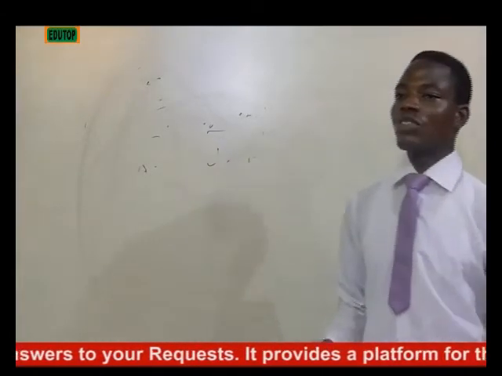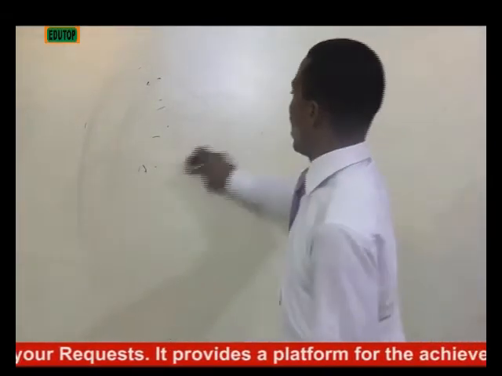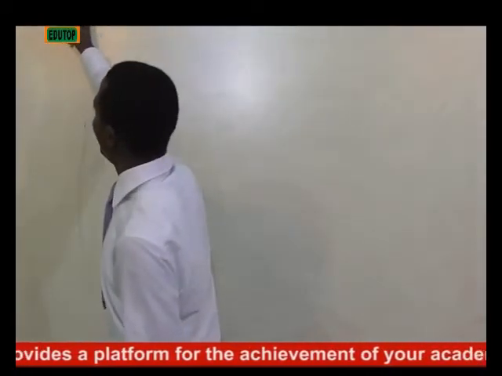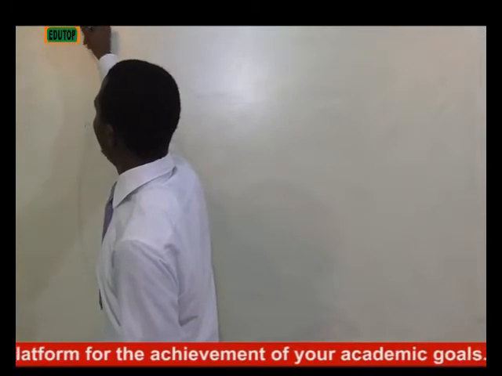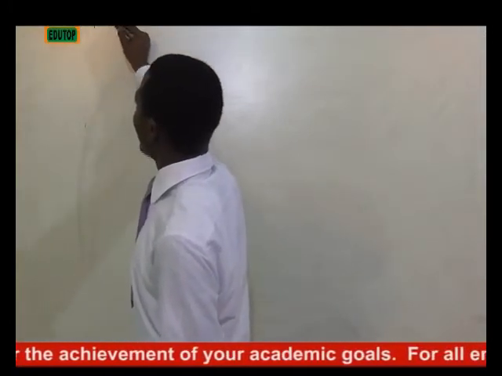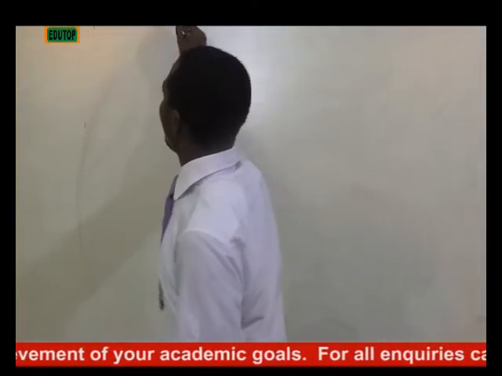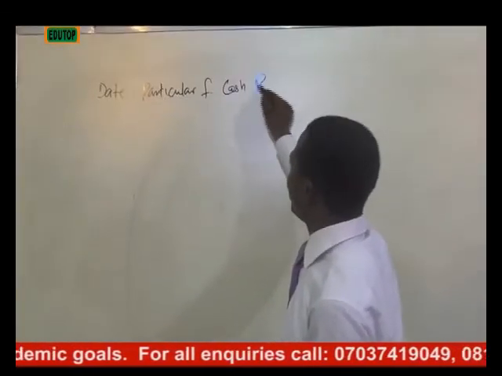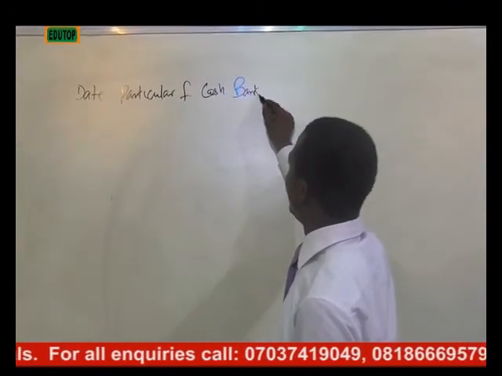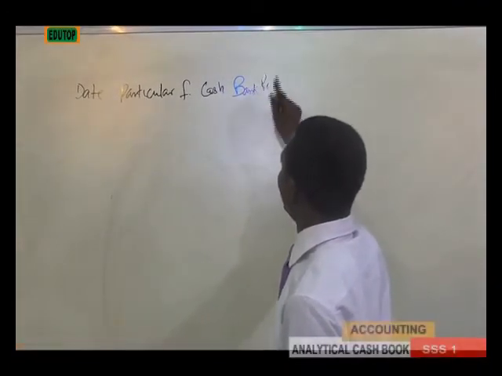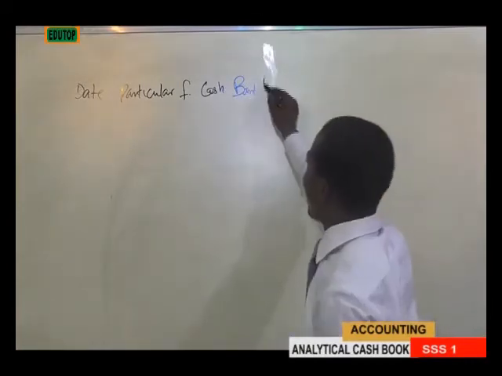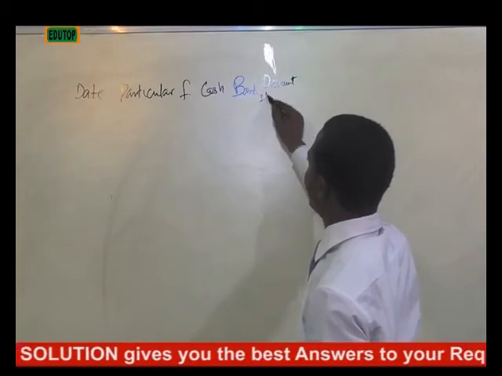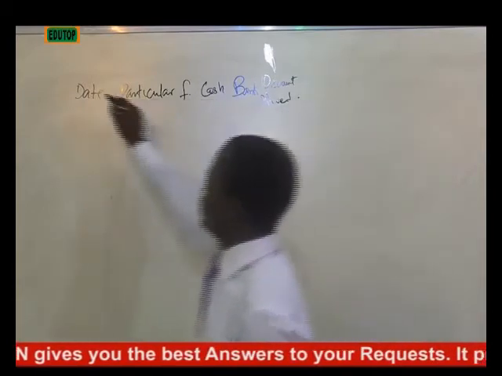Now, going back to the format, the three-column cash book, we have date, particulars, folio, cash, bank, discount allowed. This is on the debit side.